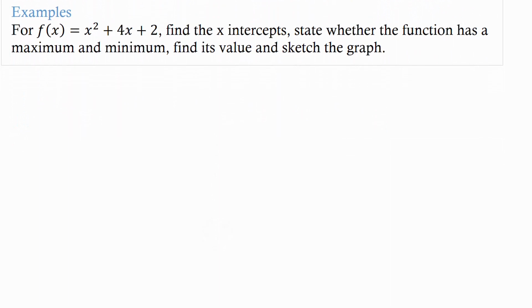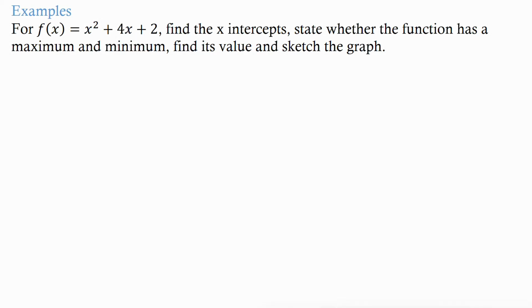So here we have a function. Find the x-intercepts and state whether the function has a maximum or minimum, then find its value and sketch the graph. I'm going to use the quadratic formula here to find my x-intercepts.